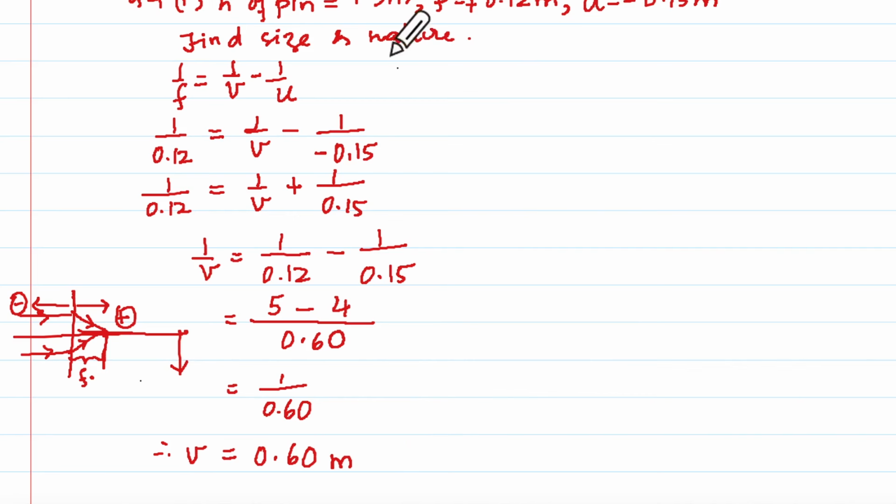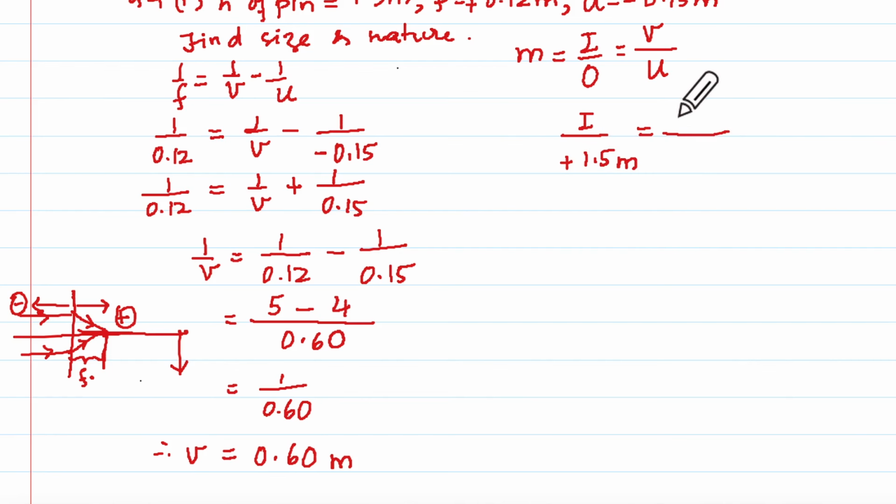Now they are talking about the size. So I'll have to use magnification equal to I upon O, which is equal to, tell me, what is the formula? V upon U. So we have the image is inverted, object is upright, so it will be plus, V is plus and U is minus. Minus how much? Correct?